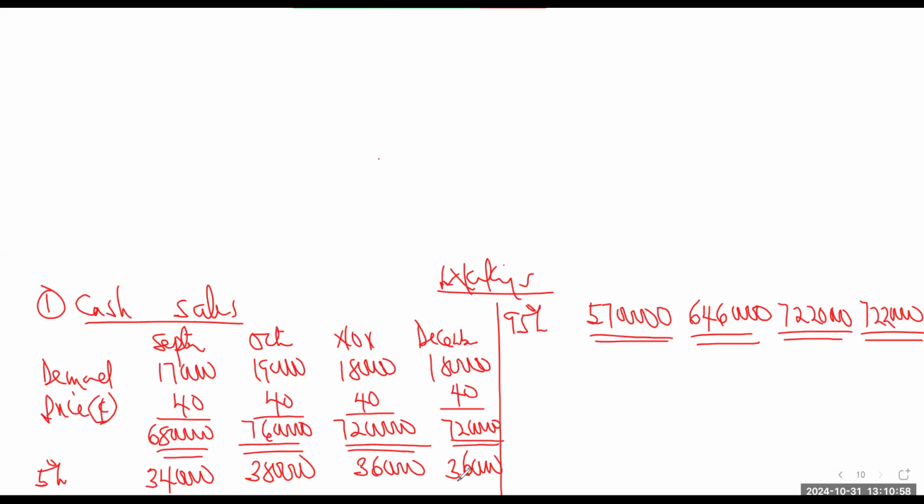Are we sure that it will be the same figure? No, October cannot be the same figure. 0.95 multiplied by 7,600, that is 7,220 in October.